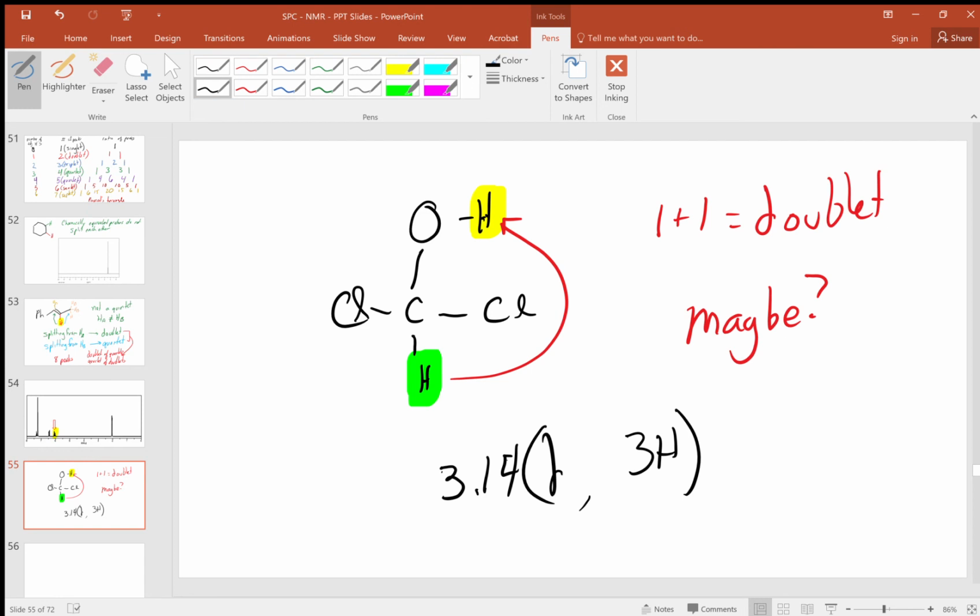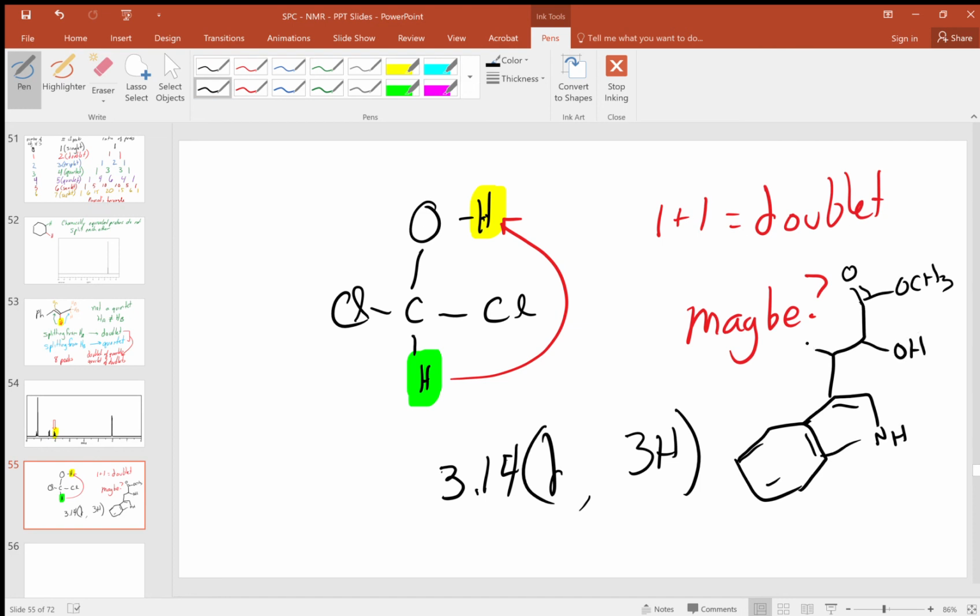But what happened was I had a compound that looked like this. And so you can see that this hydrogen is next to this hydrogen and next to the OH hydrogen.